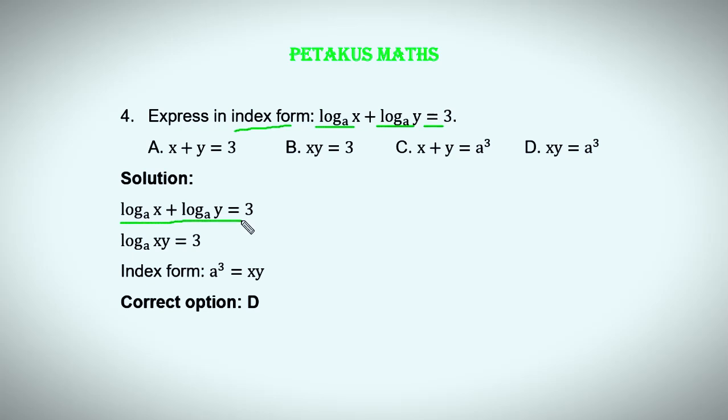In order to express in index form, first we need to simplify the left hand side using the addition law of logarithm, which states that when you add the logarithm of numbers to the same base, the numbers are multiplied. So we have log xy base a equal to 3.